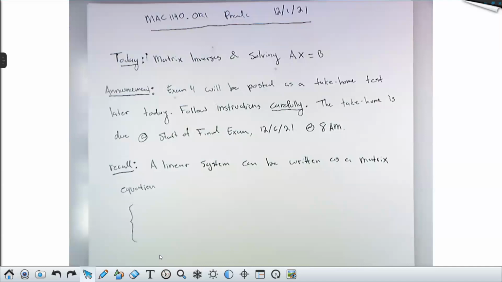Okay, let's do it. We'll do a 3 by 3. 3 by 3 is the right size to work examples of here.